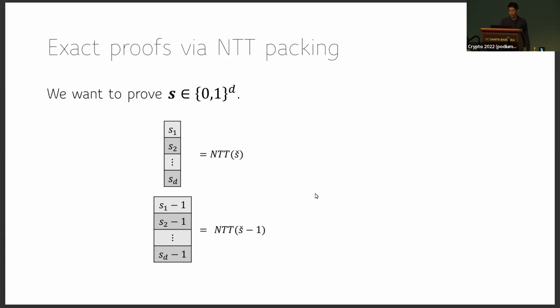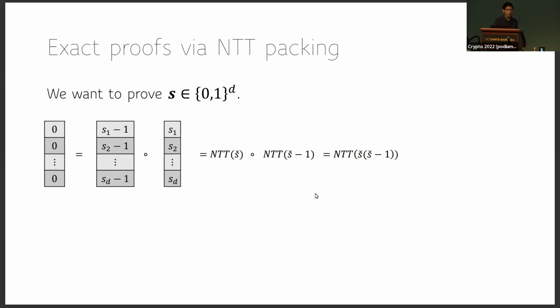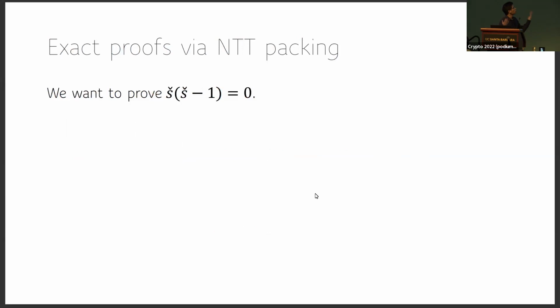And now if I multiply these equations, then we see that the vector s has binary coefficients if and only if the vector on the left-hand side is a 0 vector. And on the right-hand side, we're just using the homomorphic properties of NTT. So we have NTT of s check times s check minus 1. So we actually reduce the problem of proving binary to proving the product proof. So we prove that s check times s check minus 1 is equal to 0 over R_q.